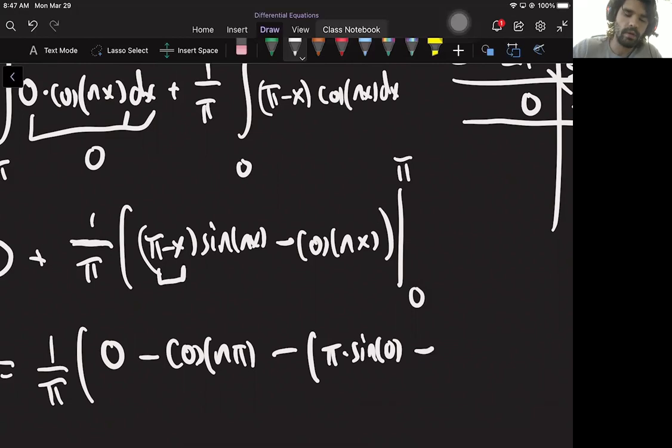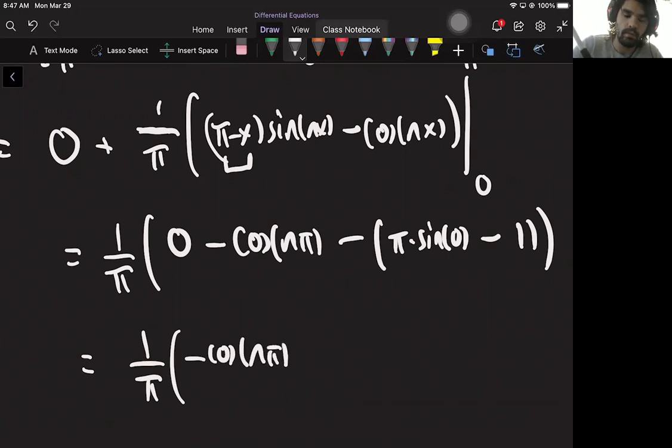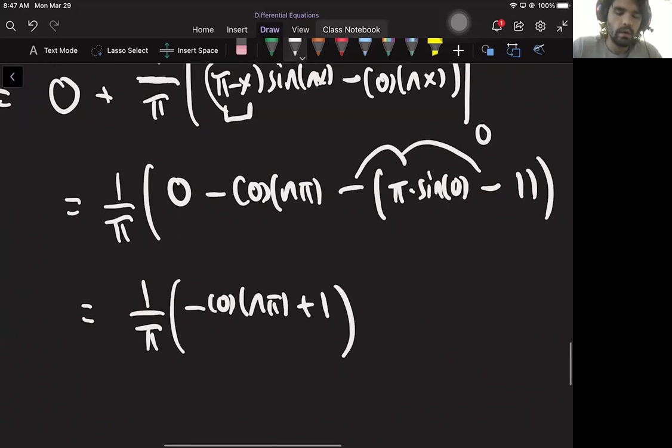So that's going to go away, and then cosine of 0 is 1. So altogether, I get 1 over pi times negative cosine of n pi and plus 1.